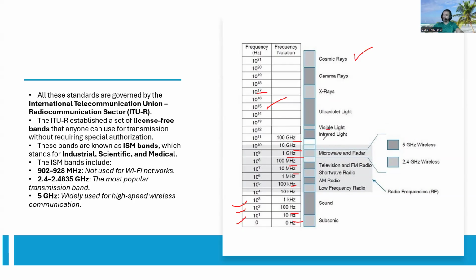Then microwave and radar, 5 gigahertz wireless, 2.4 gigahertz wireless and radio frequencies, television and FM radio, shortwave radio, AM radio, low frequency radio, sound. And after sound, 10 to the power of 3, we have 10 to the power of 0 or 10 to the power of 1 with subsonic.